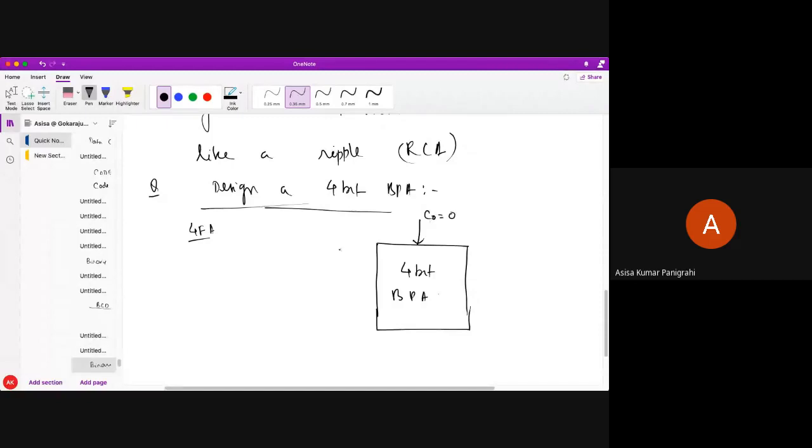Next, it has A3, A2, A1 and A0, 4 bits, and it has B3, B2, B1 and B0, 4 bits. And it generates a sum of how many bits, students? It generates S3, S2, S1, S0. And it also finally generates a carry, which is C4.